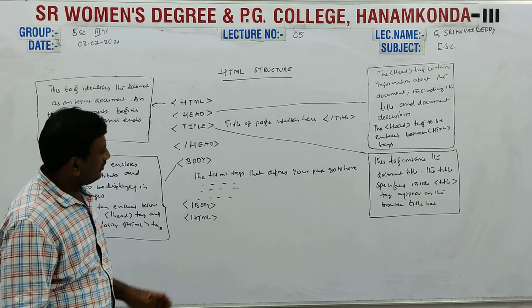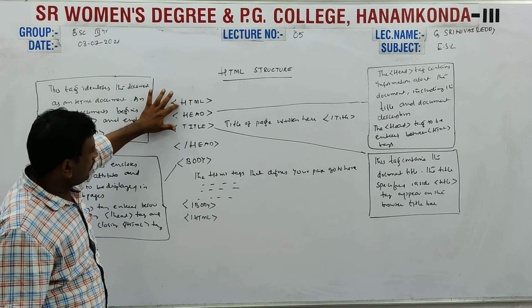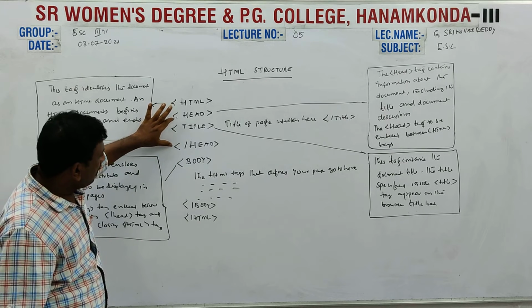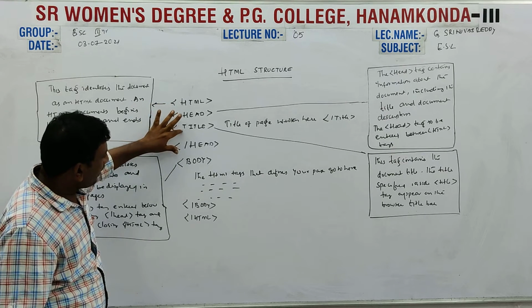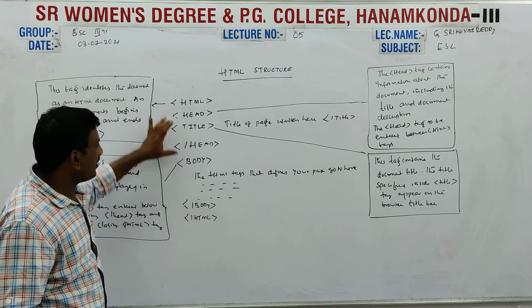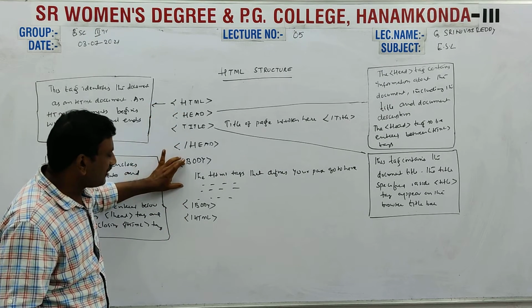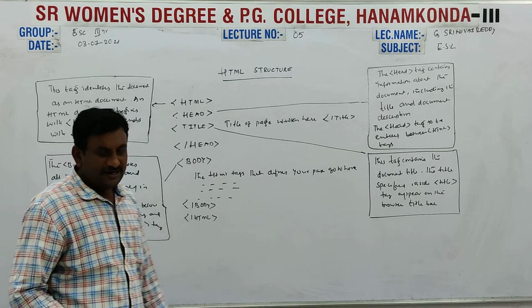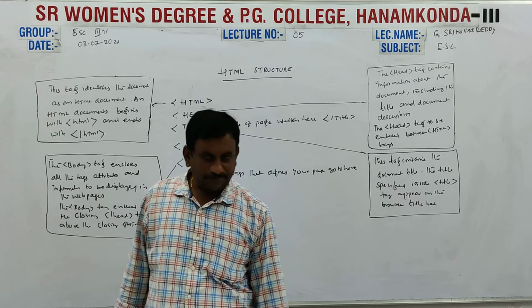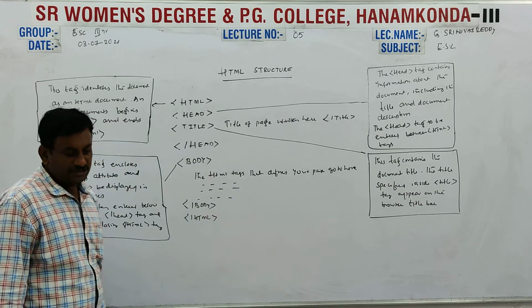This is called structure. Structure means inside HTML and HTML close, you add head and head close. Head has the title of the page, and it is optional. The body content is compulsory. Here, this is the structure of HTML.